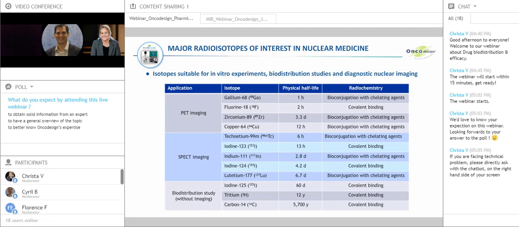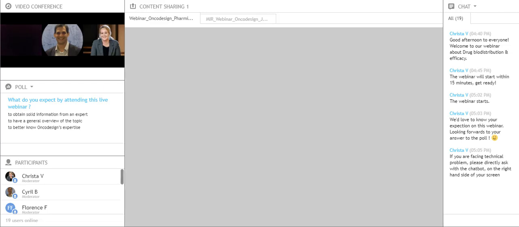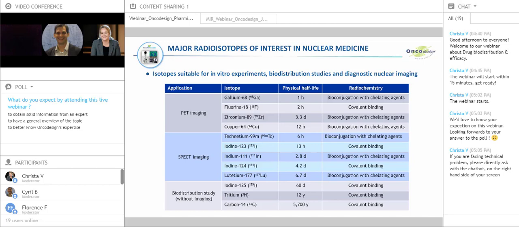Depending on the PK of your compound, as I just mentioned, if you have a compound with a PK of 5 days, you don't want to use fluor that is only 2 hours of half-life. So depending on the application, we will pick the proper isotope. Depending on the half-life of your compound, we'll pick one of the best isotopes.